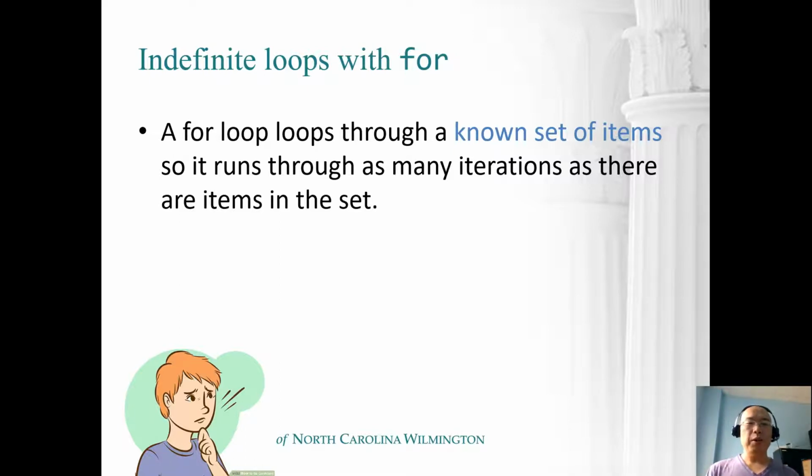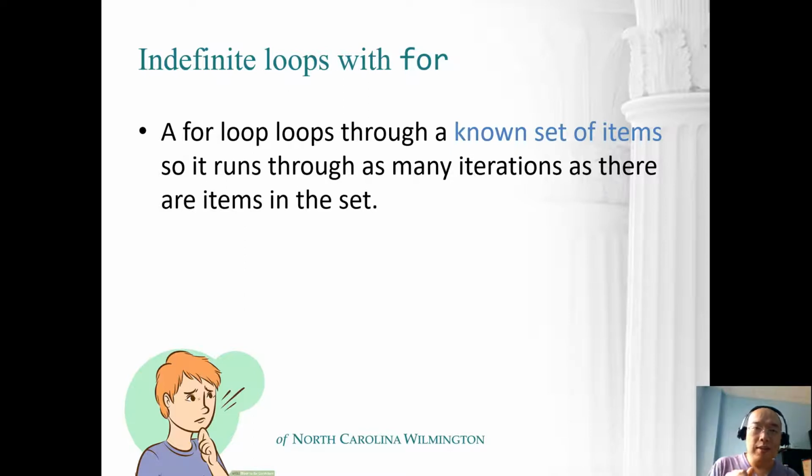So a for loop is going to visit a known set or known sequence of items. It could be a sequence of numbers in a range, or it could be a sequence of characters in a string. But anyhow, we use a for loop to visit a sequence of items one by one. So before we start the iteration, we know the sequence we are visiting, right?